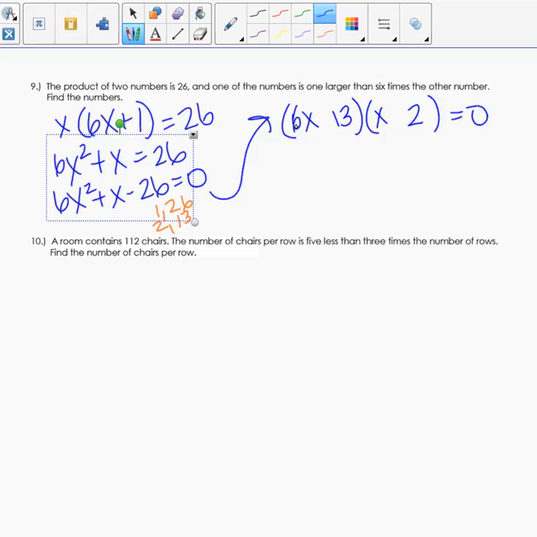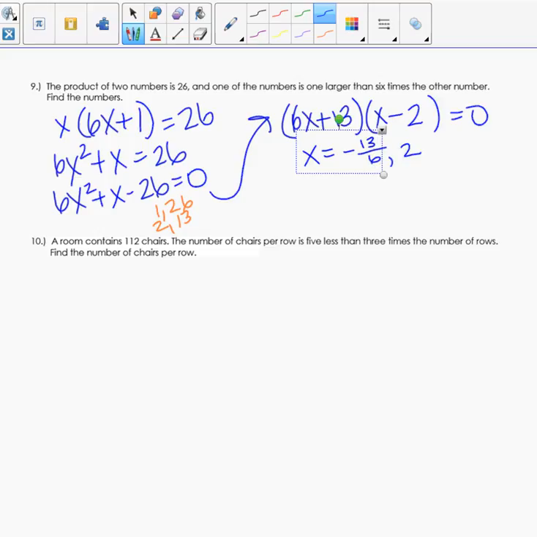I have my 13 here. And then this is going to be negative. This is going to be positive. 6x times x is 6x squared. Negative 12x plus 13x is x. 13 times negative 2 is negative 26. So we get negative 13 over 6 and positive 2.